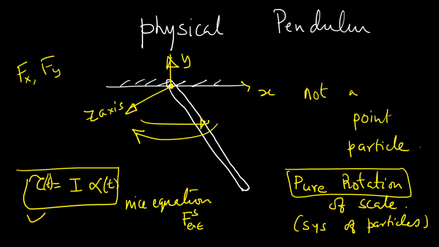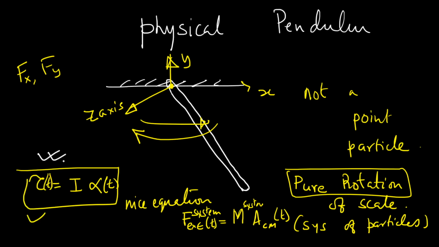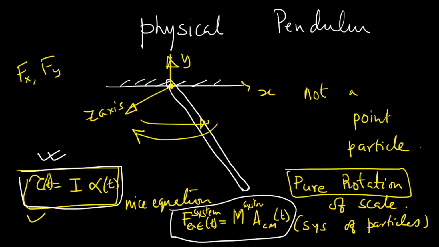Force external on the system, in this case just the scale, a system of particles, is always equal to mass of the system into acceleration of its center of mass, and this is also true for every instant of time. So we're going to freeze time, and use this equation and also this equation, and these are the two things we have learned. We're very happy with it.